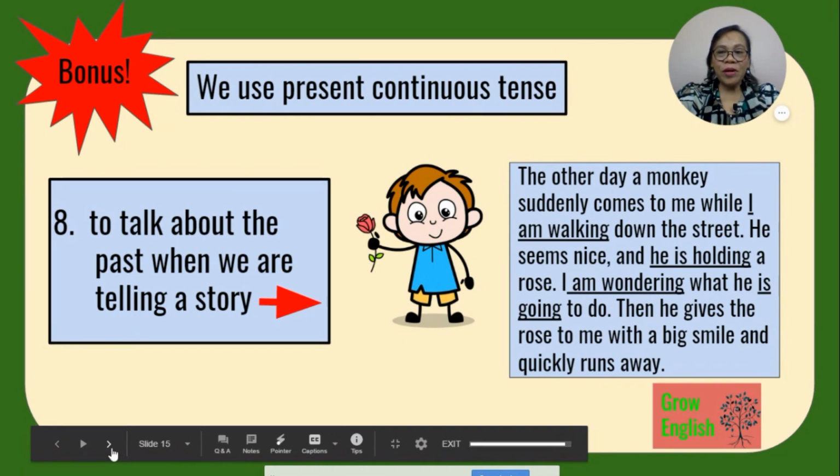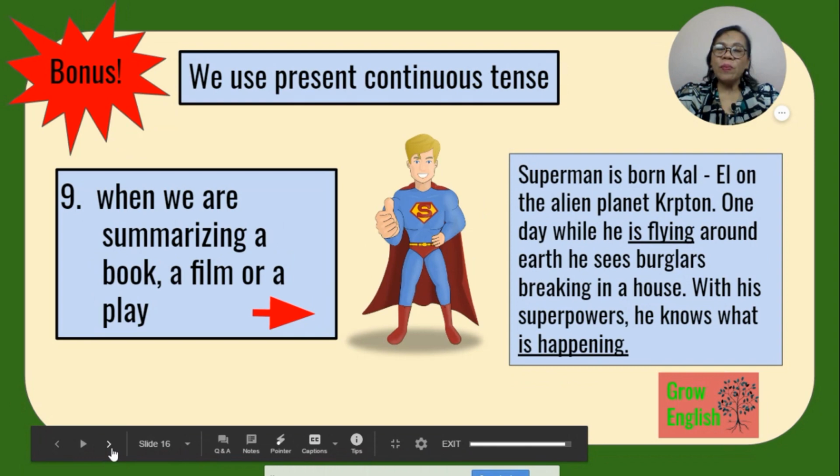Now, number 9, we use the present continuous tense when we are summarizing a book, a film, or a play. For my example here, it's all about Superman. Superman is born Kal-El on the alien planet Krypton.